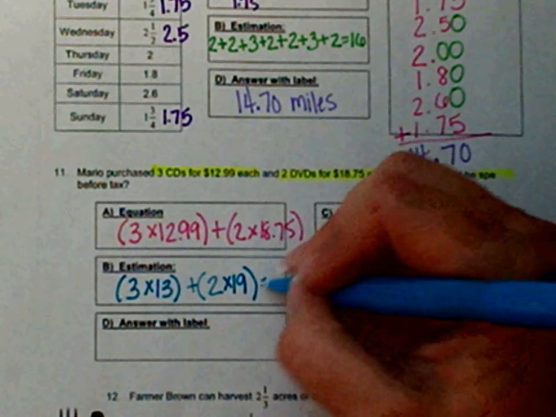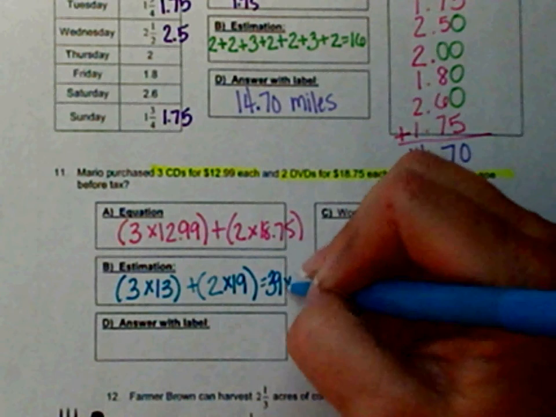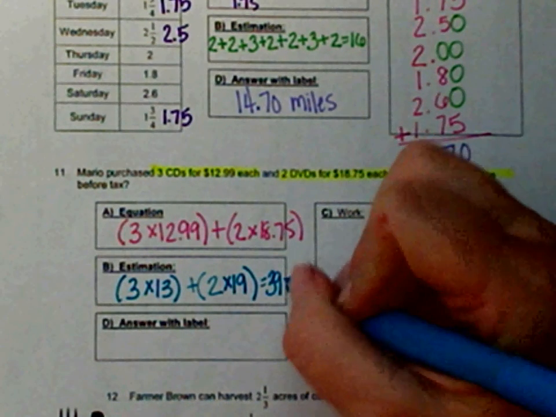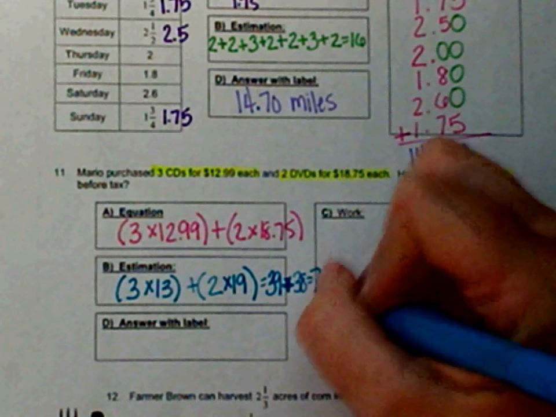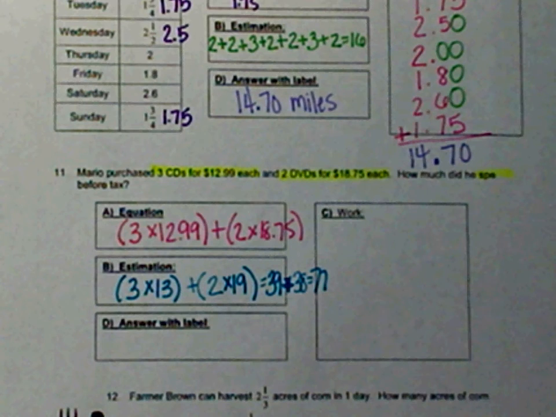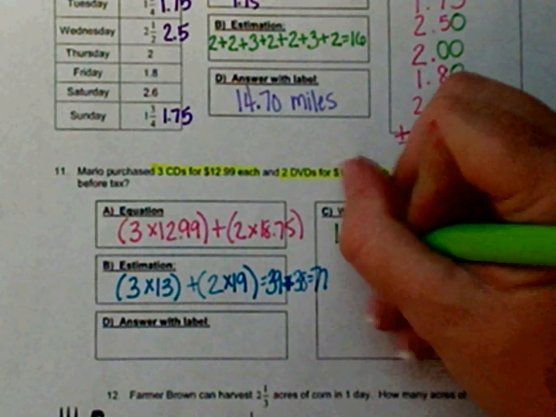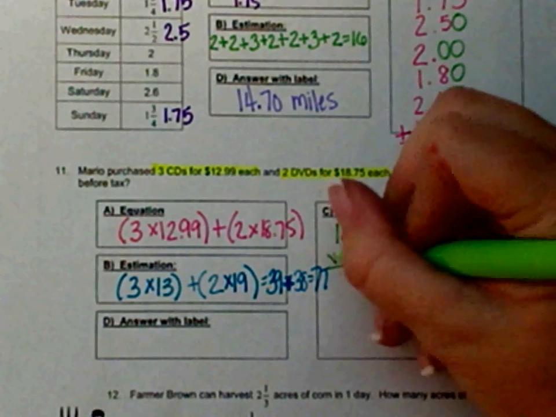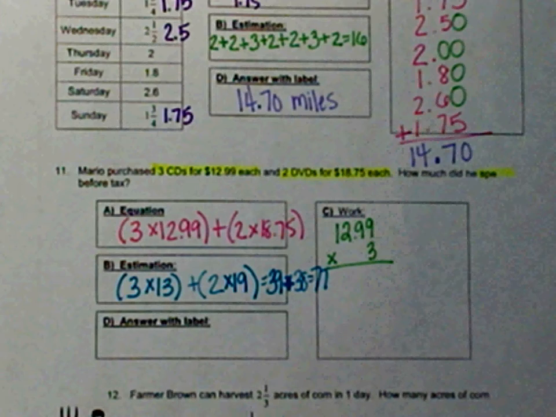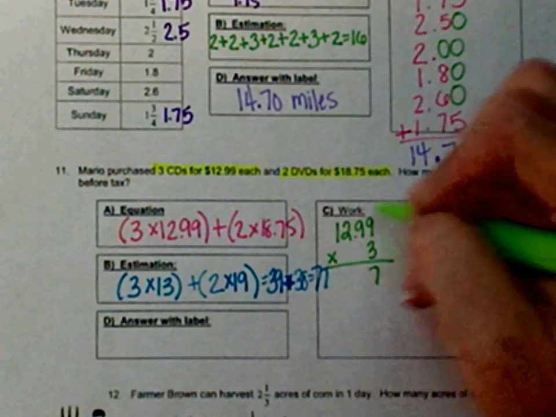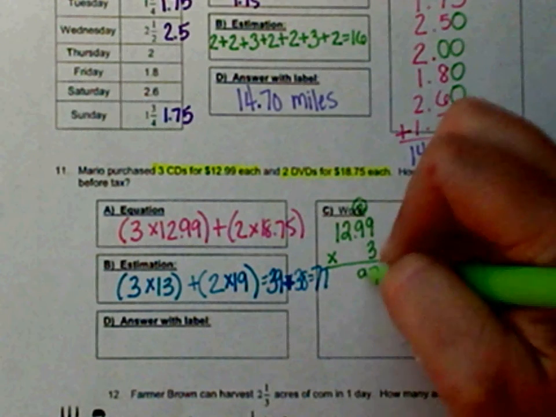Well, here's my equation. I'm getting 3 CDs, and they're going to be $12.99 a piece. I'm going to add that to my 2 DVDs that are $18.75 a piece. Estimation. Well, my 3 is already there. $12.99 is only a penny to 13, so I'm going to round that up to 13.